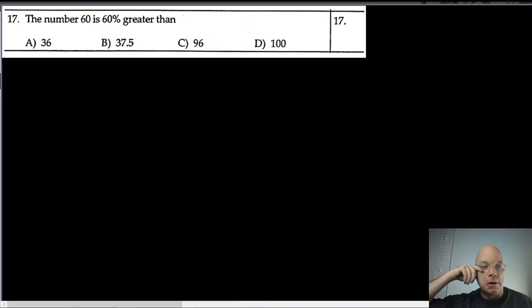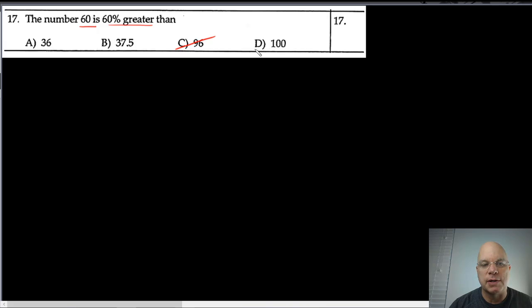Problem 17. The number 60 is 60% greater than one of these numbers. So it can't be 96 because 60 is not greater than 96.